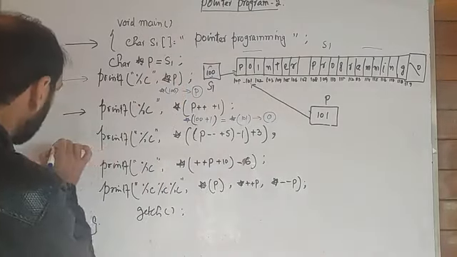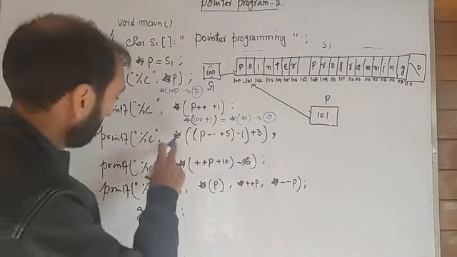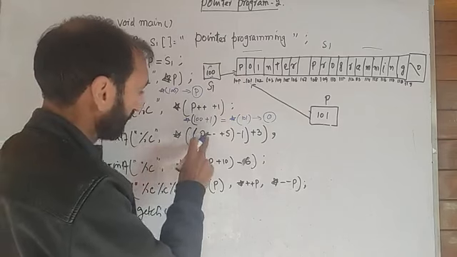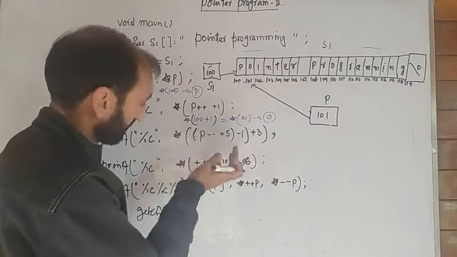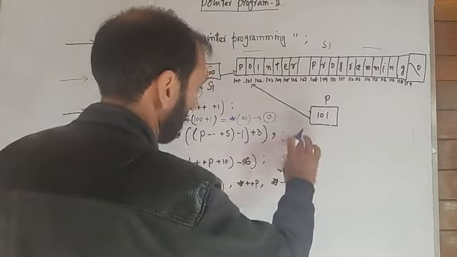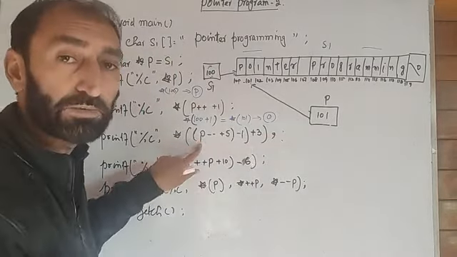Now we will come to the next instruction. Here, printf %c, here this is the indirection operator, bracket p minus minus minus 1 plus 5 minus 1 plus 3. First, p minus minus. This is also a post decrement.